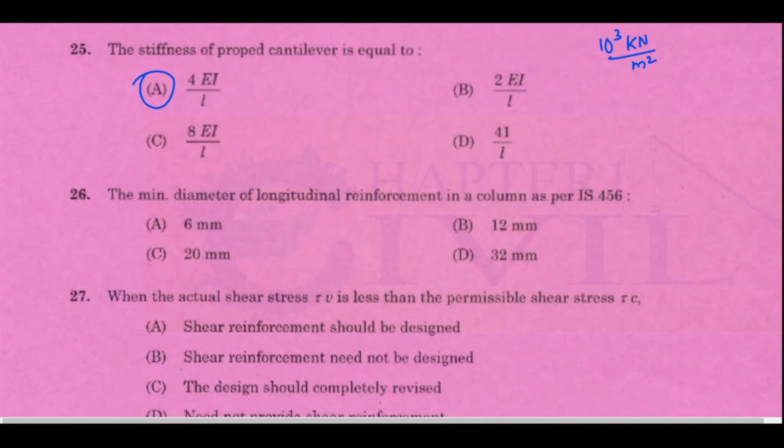The minimum diameter of longitudinal reinforcement in a column as per IS 456: 6 mm, 12 mm, 20 mm, 32 mm. It is 12 mm. For a column, minimum diameter of longitudinal reinforcement is 12 mm.